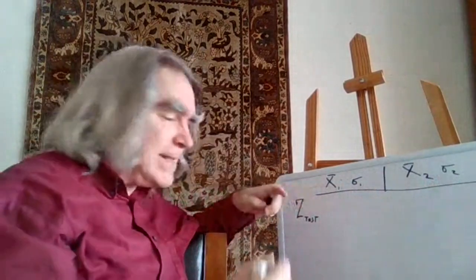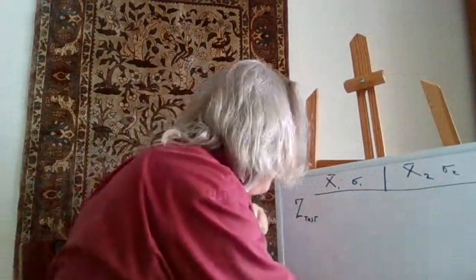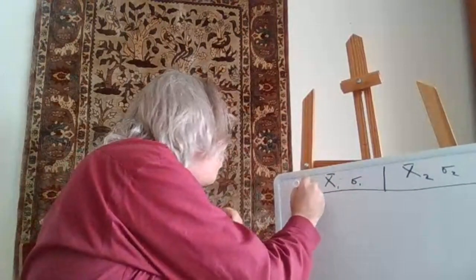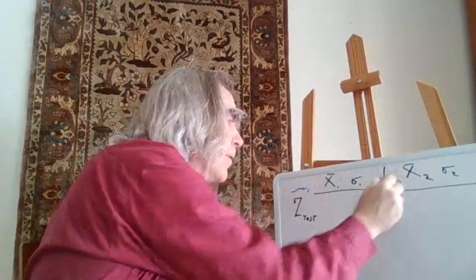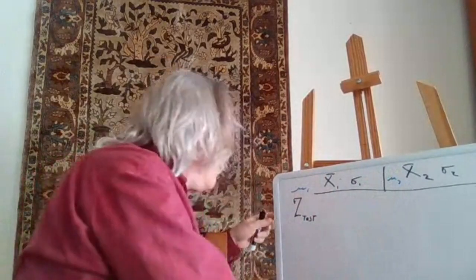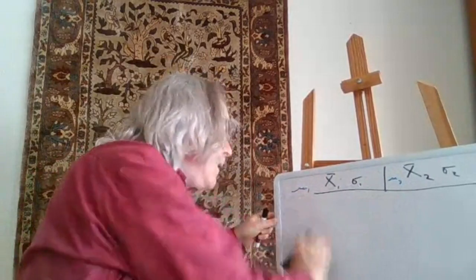This one here was our best estimate for what? This was our best estimate for mu1. This was our best estimate for mu2, right? So, what does our Z formula look like?